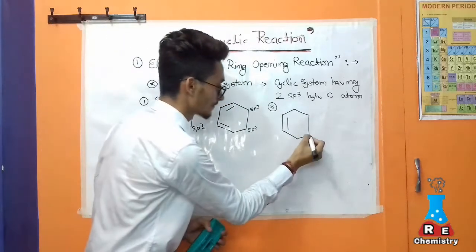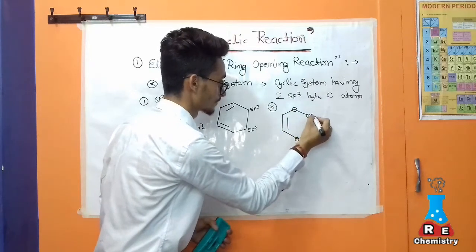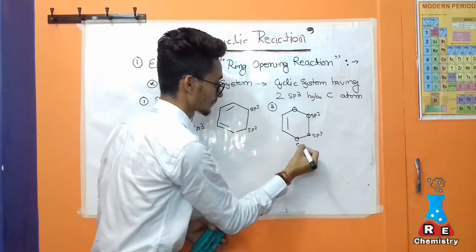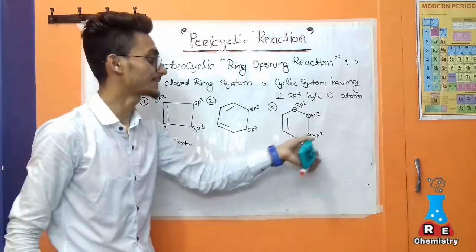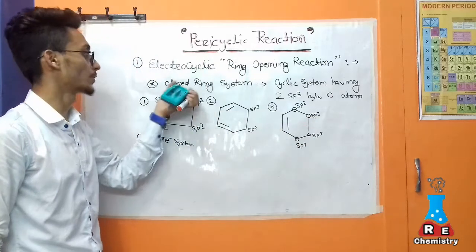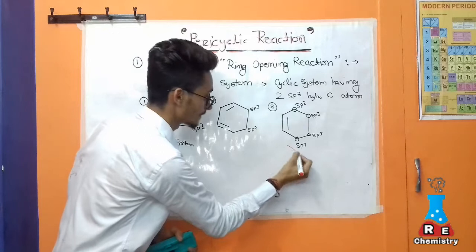Cyclohexene has four sp3 hybridized carbon atoms, so it is not an example of a closed ring system.